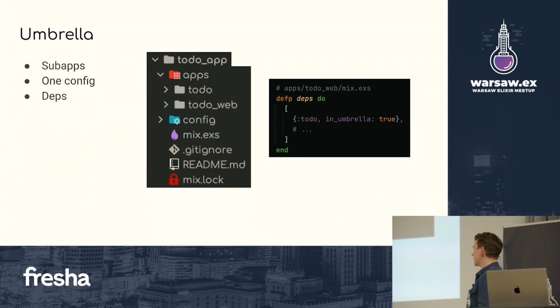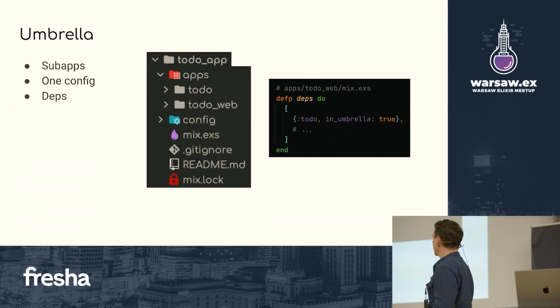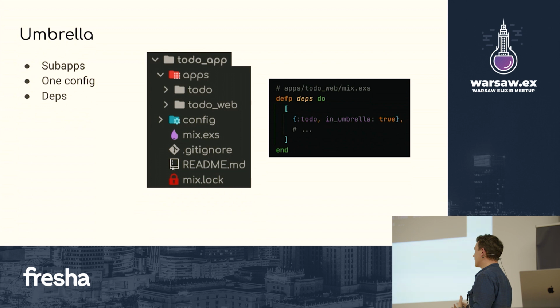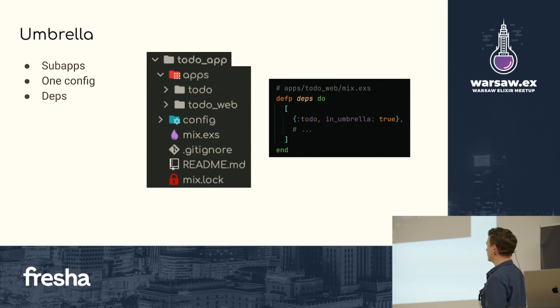First, some recap of what Umbrella actually is. It's a way to structure an Elixir project. It has some specific features. We have in Umbrella sub-applications, like here. Here's an example of a simple Phoenix app that has two apps.